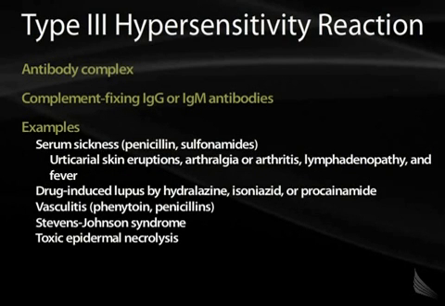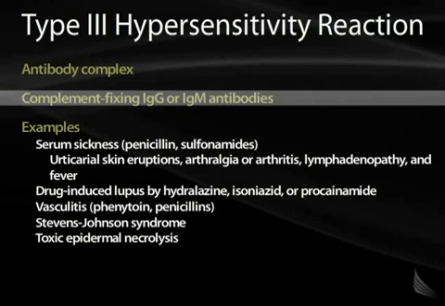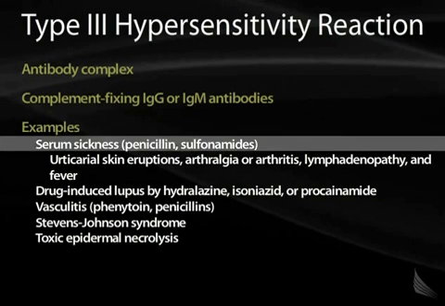Type 3 hypersensitivity reactions are antibody-antigen complex deposition diseases. In type 3 hypersensitivity, an antibody complex which binds to complement is able to deposit in the vasculature. Some examples include serum sickness, usually brought about by some type of drug, as well as introducing some foreign serum into the body, usually as some type of therapy, such as an antibody therapy.